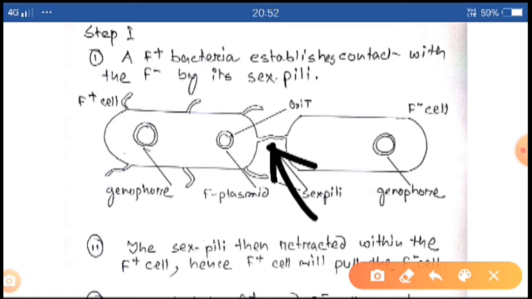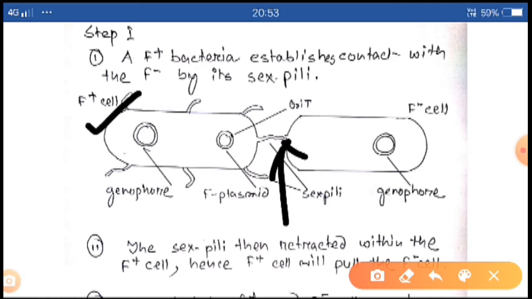Due to this activity, the F minus cell will go towards the F plus cell. Again, the sex pili of the F plus cell will be retracted within the F plus cell.